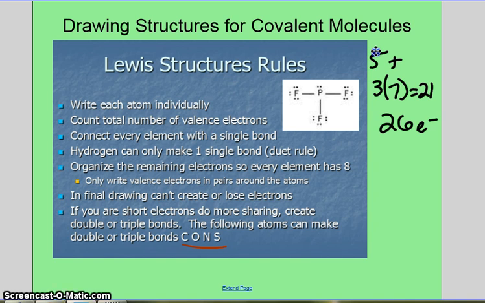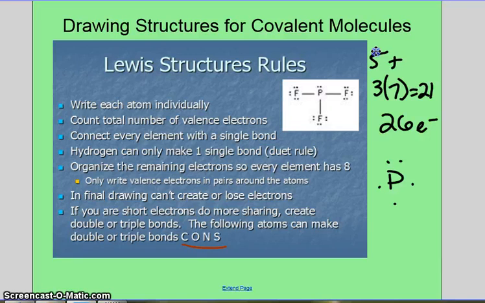What we do initially is simply draw them out, and I'm just going to draw what that phosphorus looked like first, and then the lines connected with the single electron on each of the fluorines. The easiest way to begin is to make a single bond with any unpaired electrons between 2 of the atoms, and then we can go back and count how many total we have.